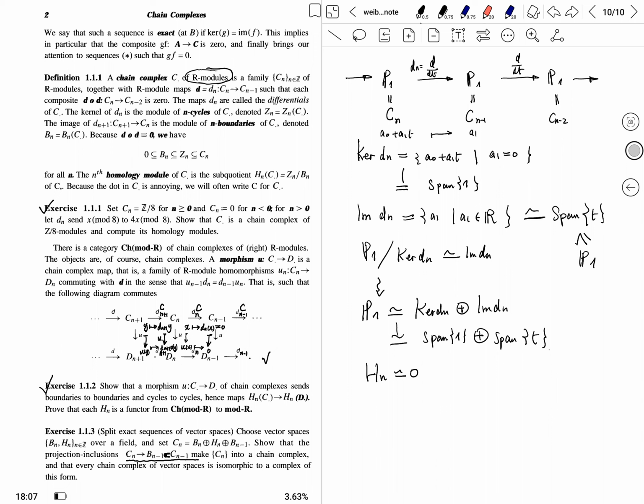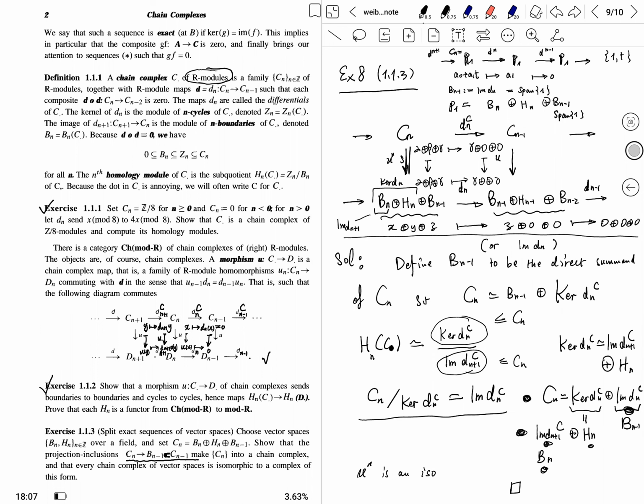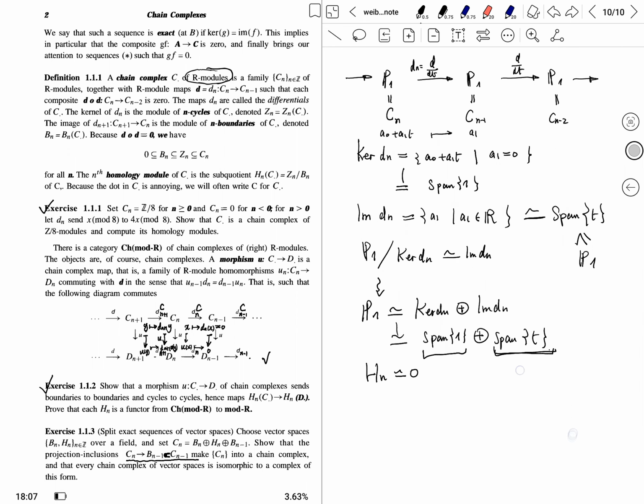And this is saying that the direct sum of Kn by our construction before is called the Bn minus 1. And so this is actually Bn, and actually you can rewrite it as a direct sum with 0. This is our Hn.